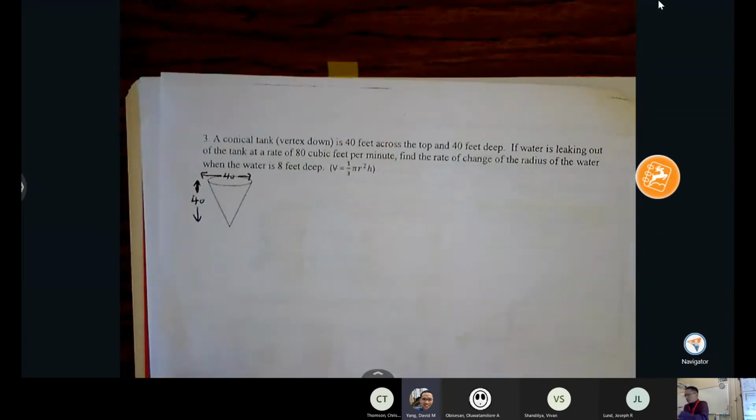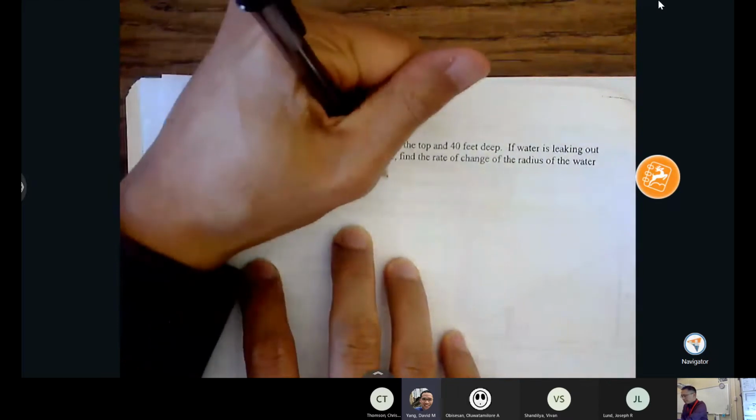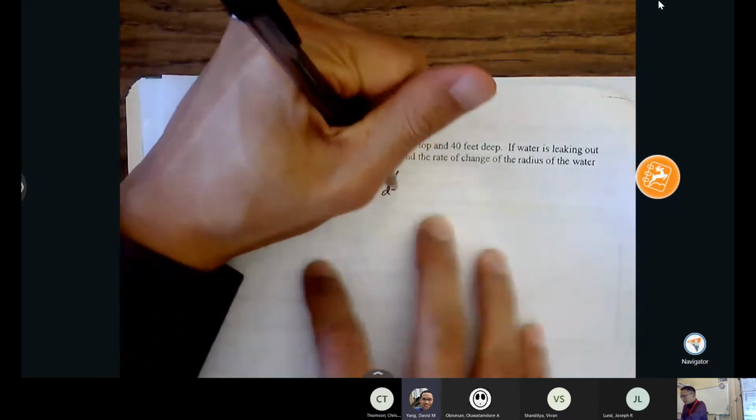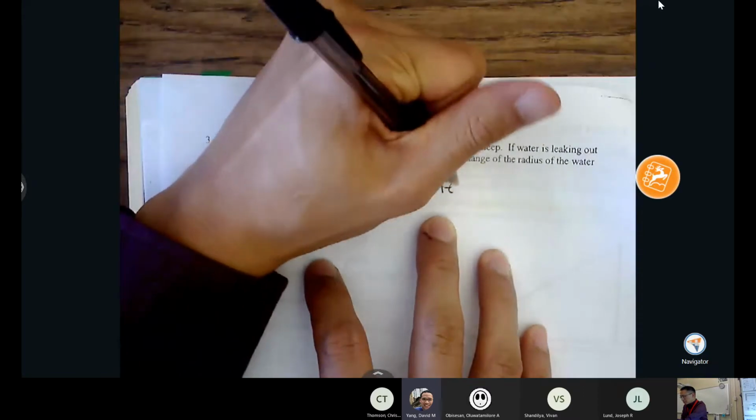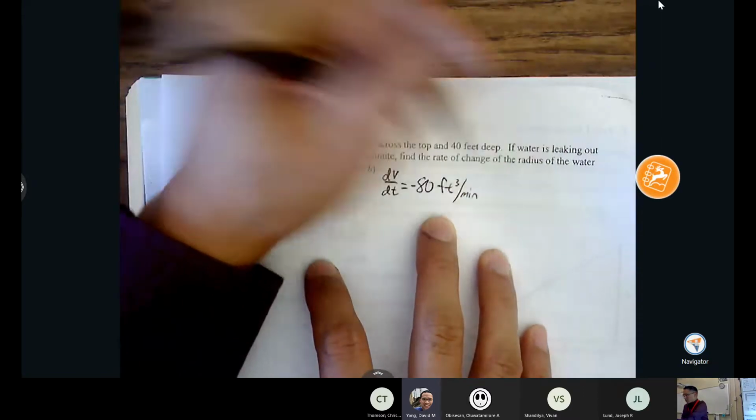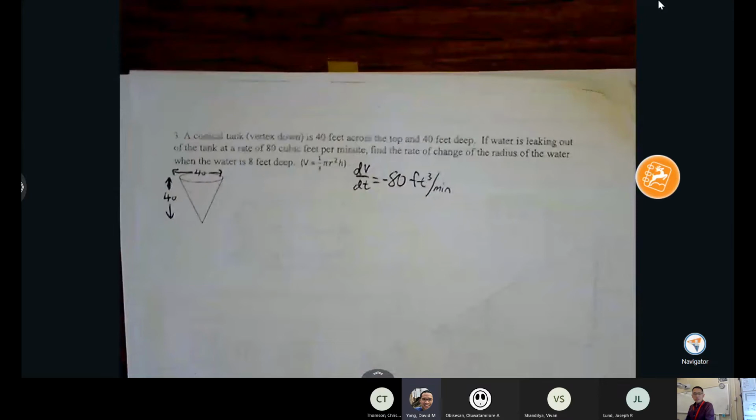Water is leaking out at a rate of 80 cubic feet per minute. Okay, find the rate of change of the radius of the water.